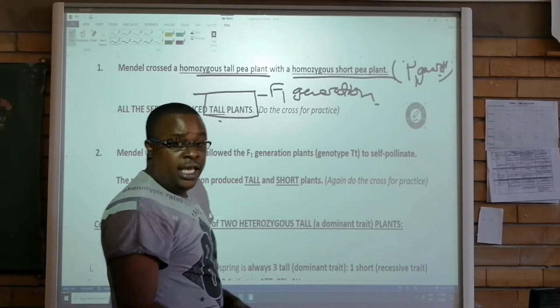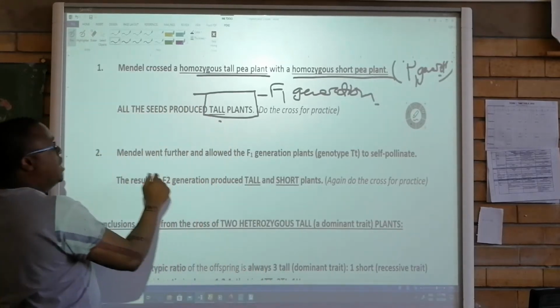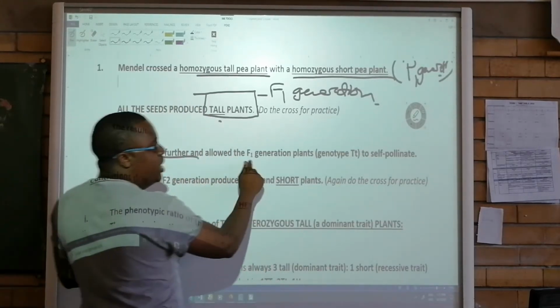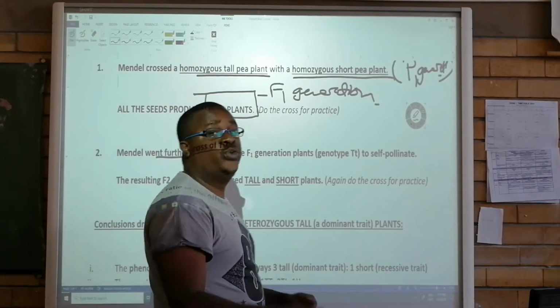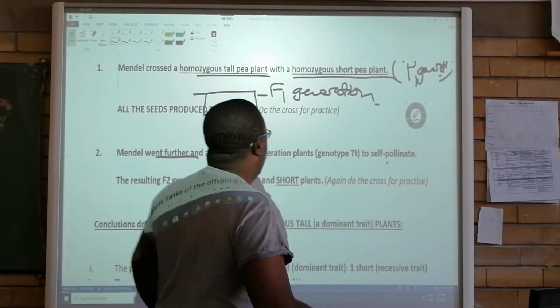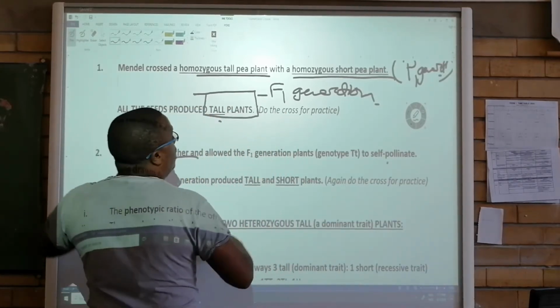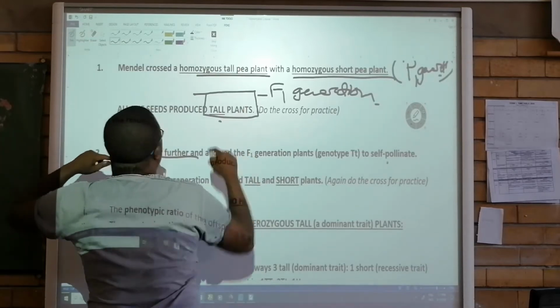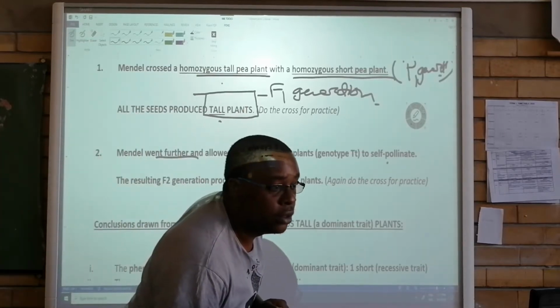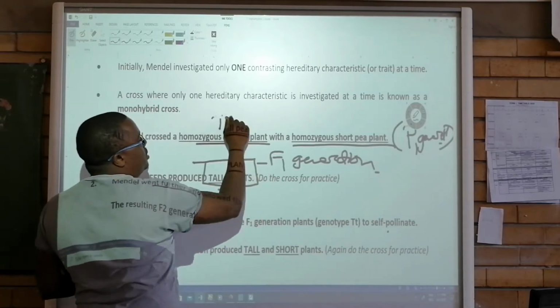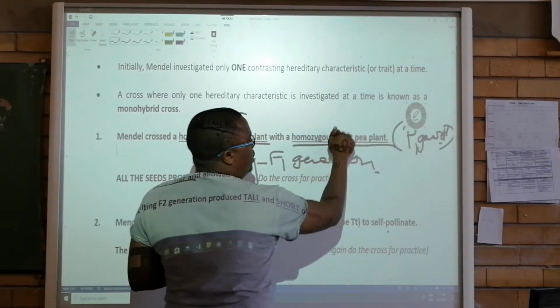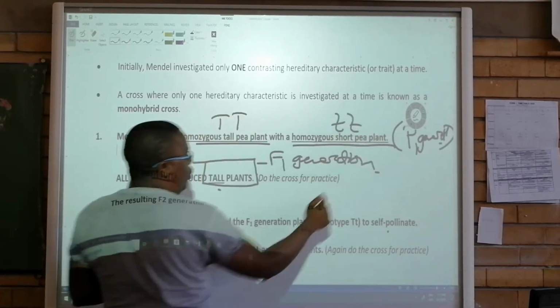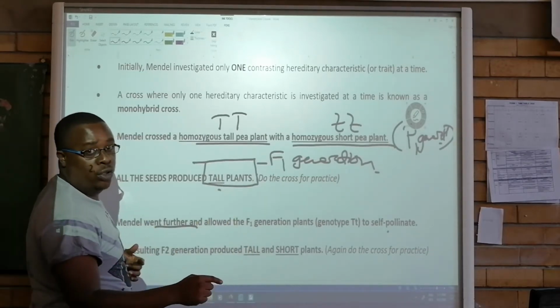Are we together? And then what did he do? Mendel then went further and allowed the F1 generation plants to self what? Pollinate. What were the F1 generation plants? If he was crossing this homozygous tall and homozygous short, and all the offspring were tall, but they had what?